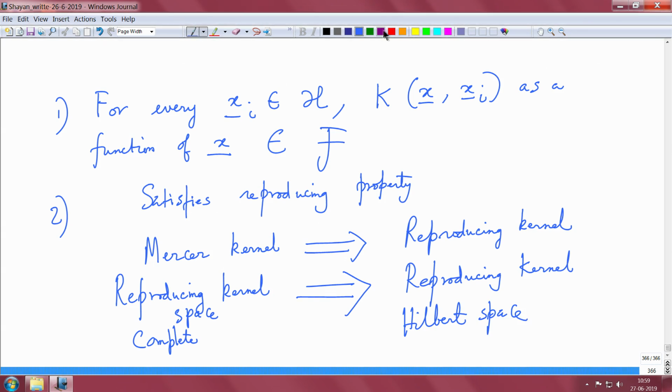Mercer's kernel implies it is a reproducing kernel, and I consider a reproducing kernel space which is complete in the Cauchy sense. So the convergent sequence is part of that space. The sequence can be functions, it can be vectors, whatever it is; in this case it is functions that we are dealing with, and the limiting function is also part of that space.